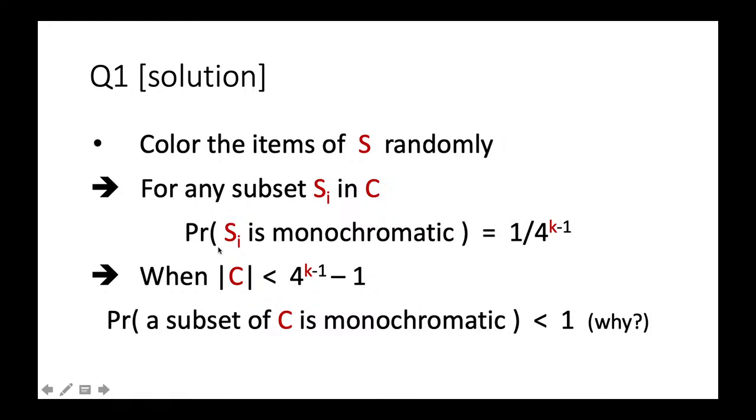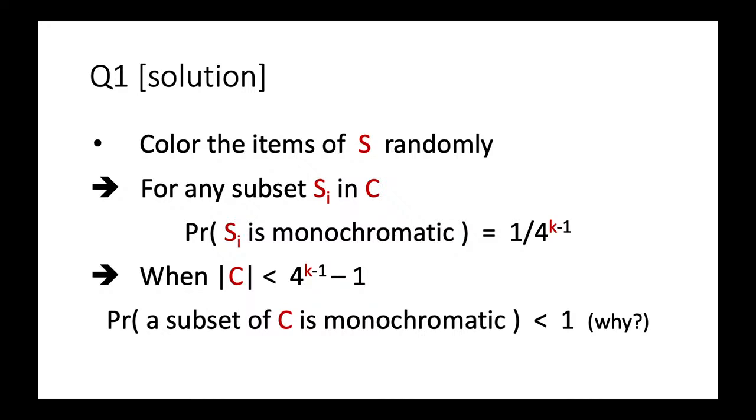Now when C doesn't have many subsets, fewer than 4 to the power k minus 1, then the chance that some subset of C is monochromatic will be bounded by a number strictly less than 1. Why is that so? The probability of this is equal to the probability that S1 is monochromatic, or S2 is monochromatic, or S3 is monochromatic, and so on.